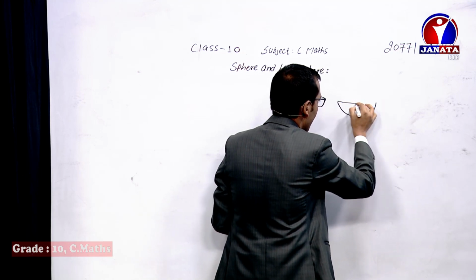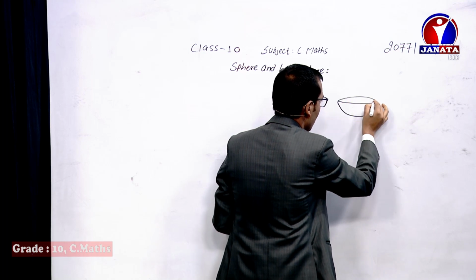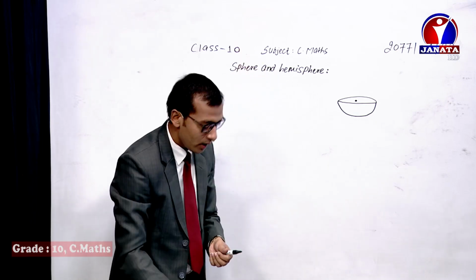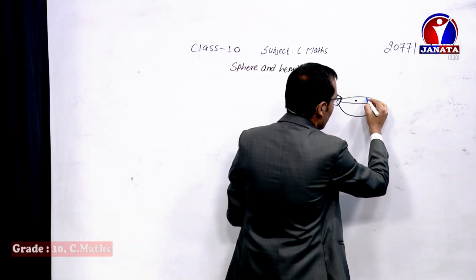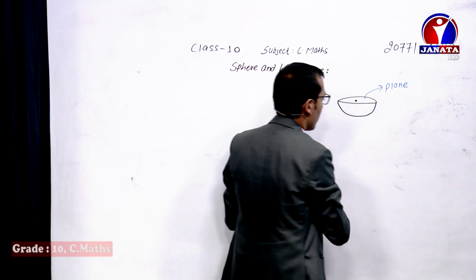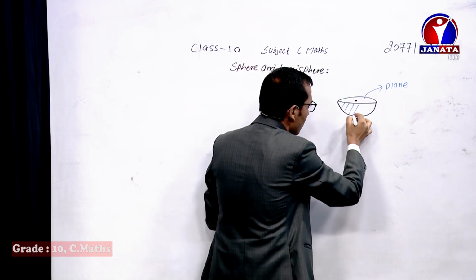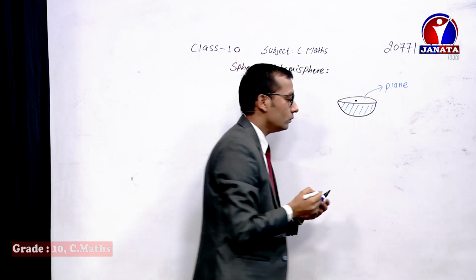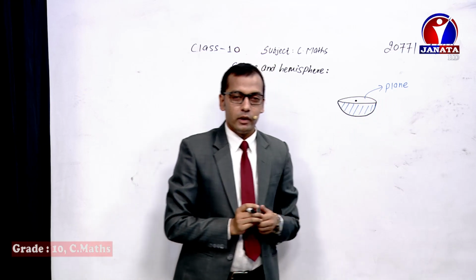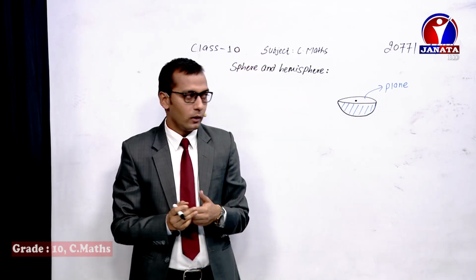This is exactly half of the sphere. The upper surface is the plane surface, and this is the curved surface. And this plane surface of a hemisphere is called great circle.